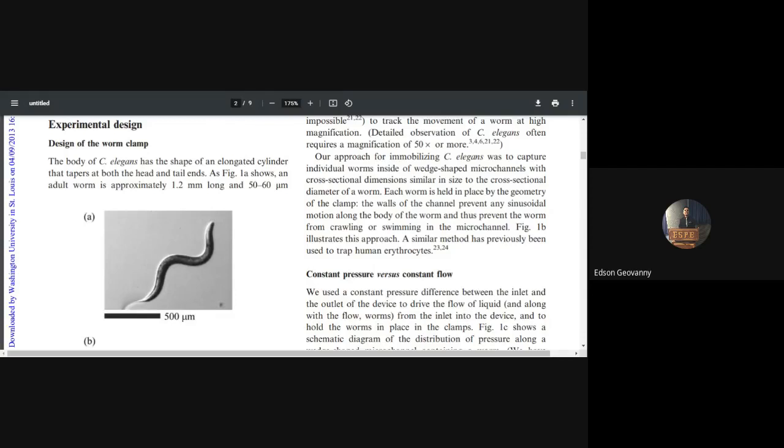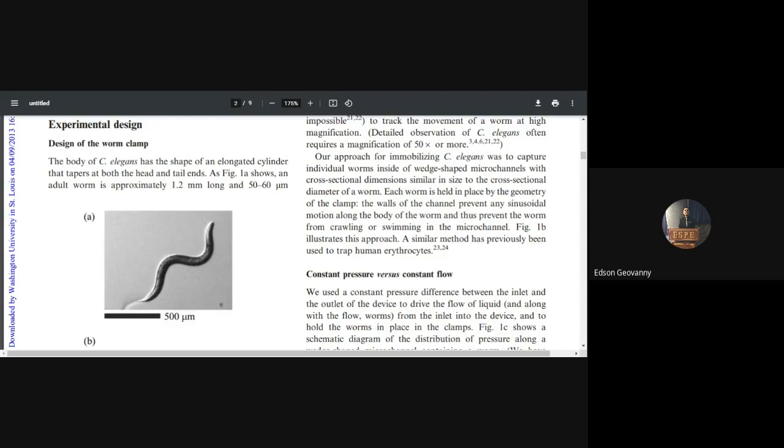The chip consists of a matrix of 120 microchannels which immobilize the worms. 150 worms are immobilized in 15 minutes. The process was not harmful to the worms. The worms reproduce normally.